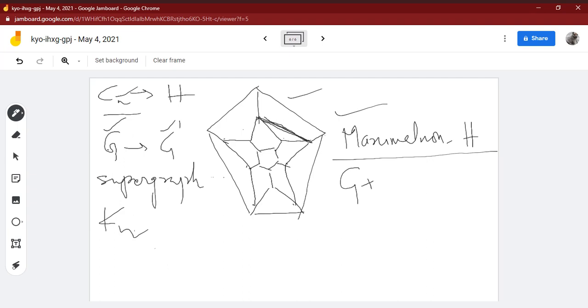If I add an edge e that connects two non-adjacent vertices of G, then this is a Hamiltonian graph. So only by adding one edge connecting two non-adjacent vertices of G, you will get a Hamiltonian graph. Then this G is called a maximal non-Hamiltonian graph. Is that clear?